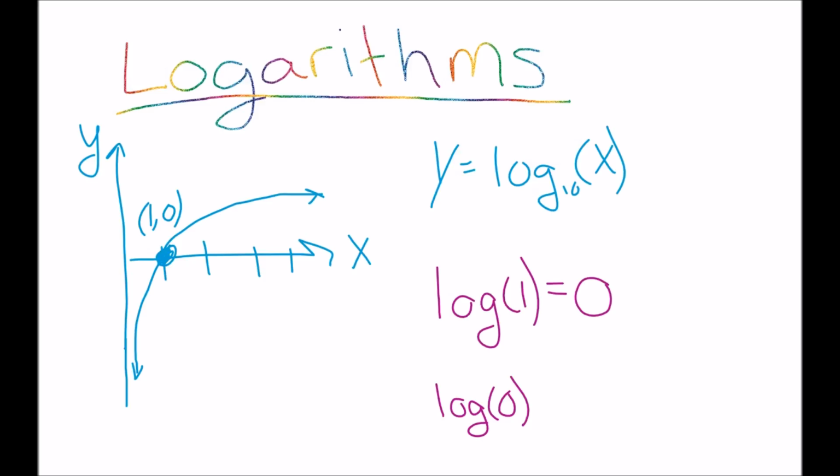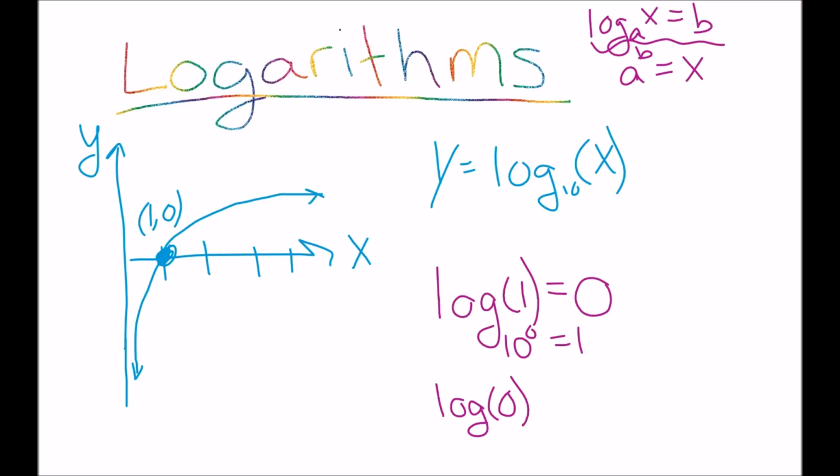We can figure this out because, as a refresher from the last video, we said log base a of x equals b means a raised to the b equals x. Since we're assuming base 10, 10 raised to the 0 equals 1. And so, obviously, the answer is 0.